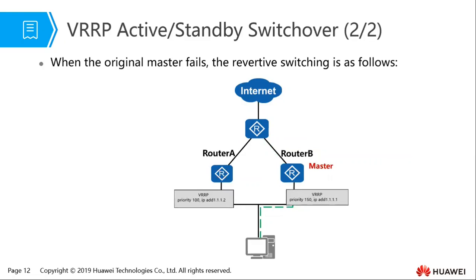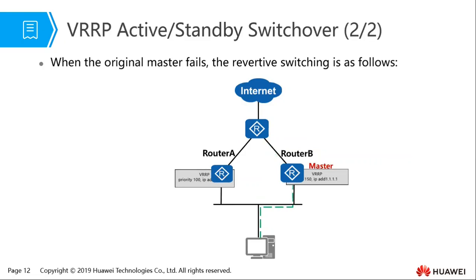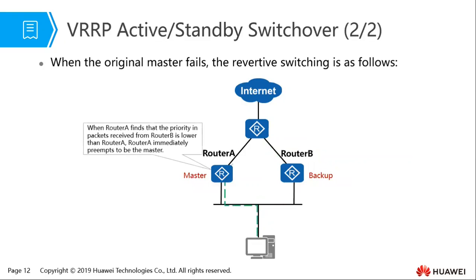Router A will also send the advertisement packet. So router B will see that, hey, router A has a higher priority.